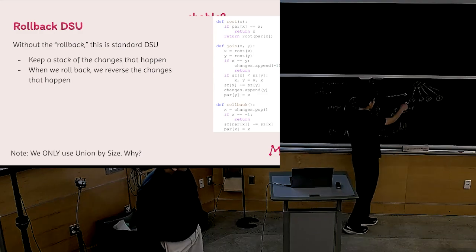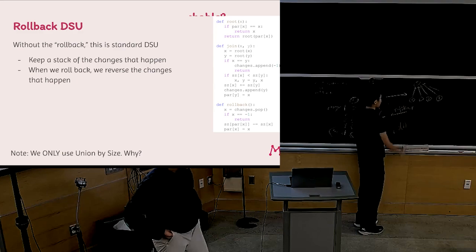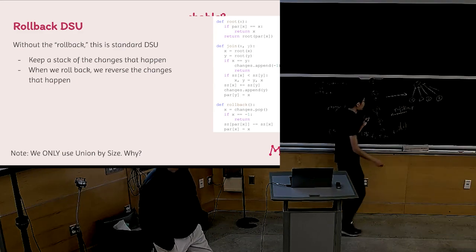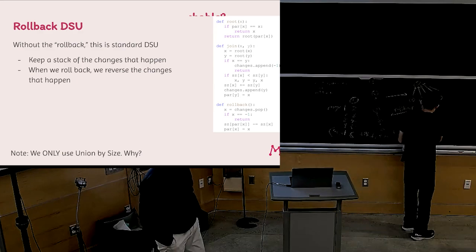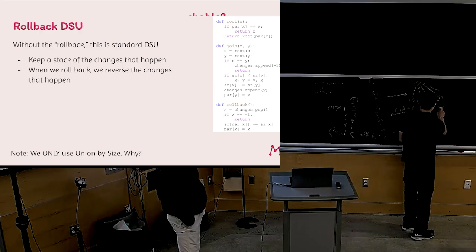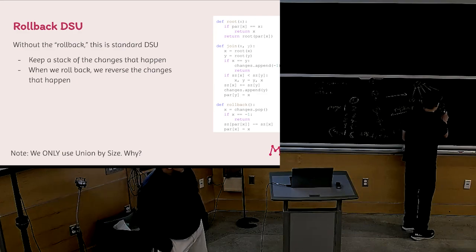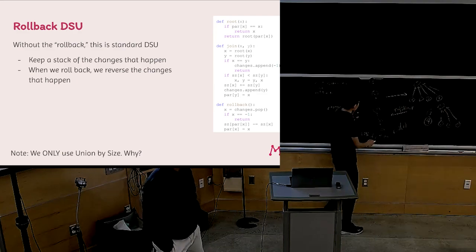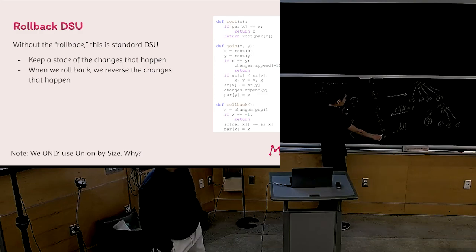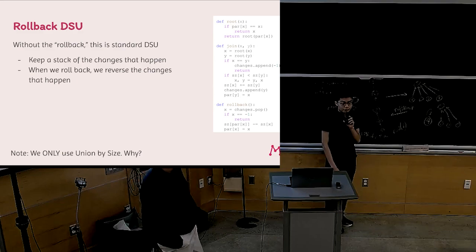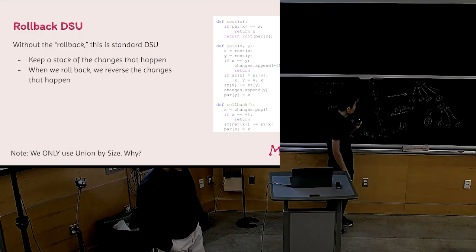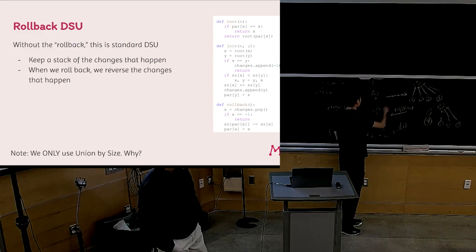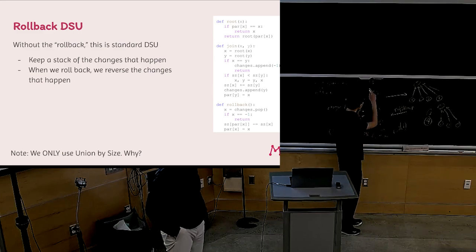We could set 4's parent back to 4, but then that's actually incorrect because now you'll have this kind of component over here, but what you should actually have is 4, 3, 2, 1 as its own component, and 5 as its own component.